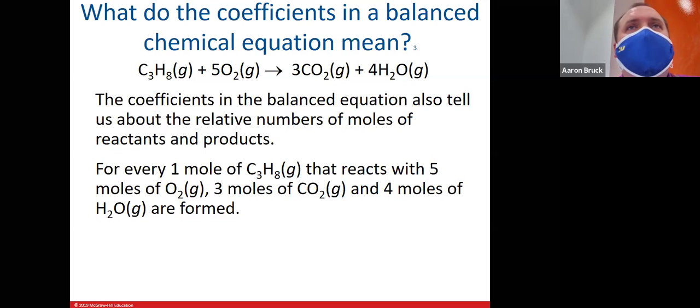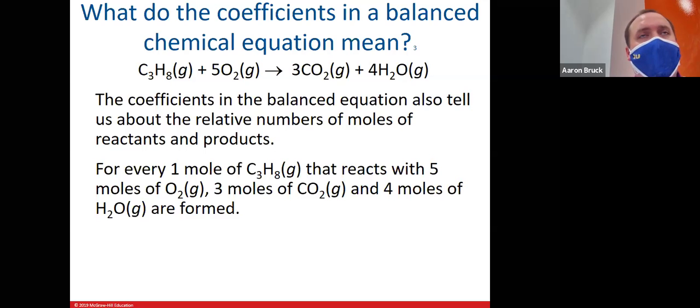And what this can eventually lead us to is an overall description of what it looks like. Let's say that I have a mole of propane. Well, a mole of propane would weigh about 44 grams. So if I measure out 44 grams of propane, 5 moles of oxygen, that's 160 grams.